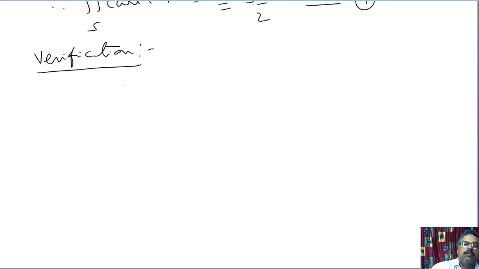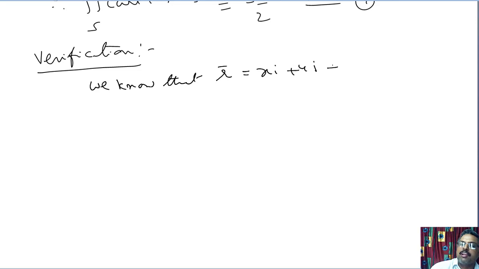Now the line integral is nothing but the integral of F dot dr. As we already discussed in line integrals, r bar equals x i plus y j plus z k, and dr equals dx i plus dy j plus dz k.